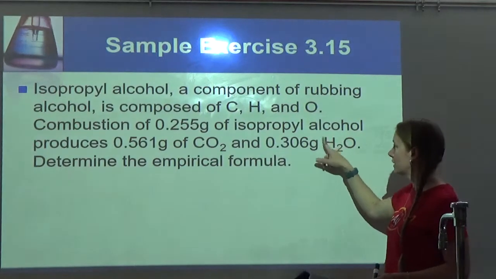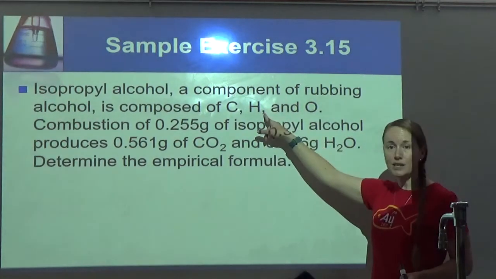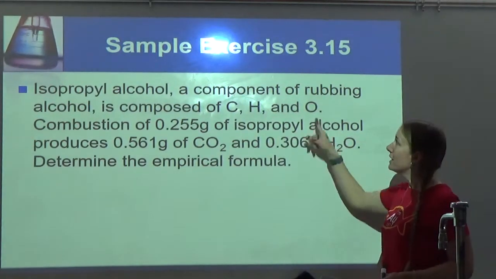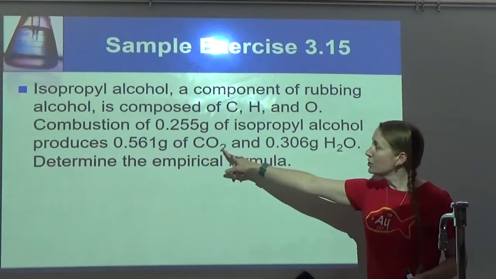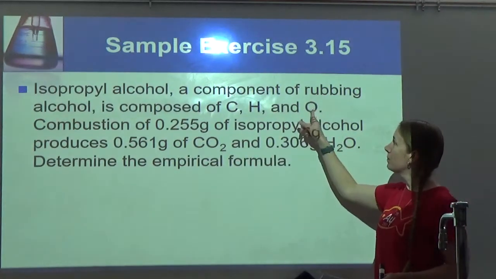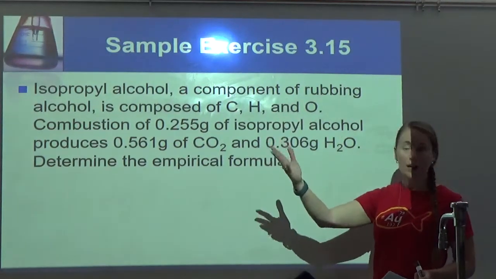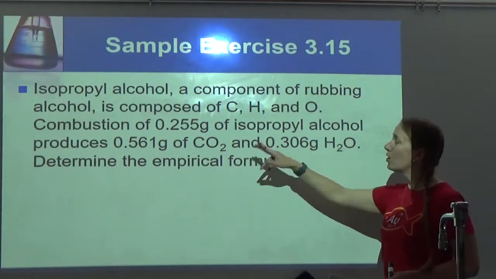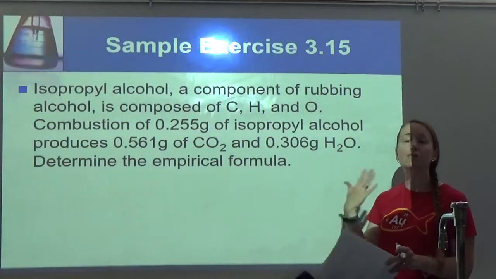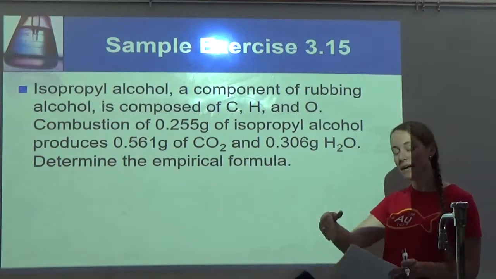All of the hydrogen from water came from isopropyl alcohol. But even though some of the oxygen came from the isopropyl alcohol, some of it came from the air. So I can't just assume all the oxygen here is from isopropyl alcohol because some came from the air.